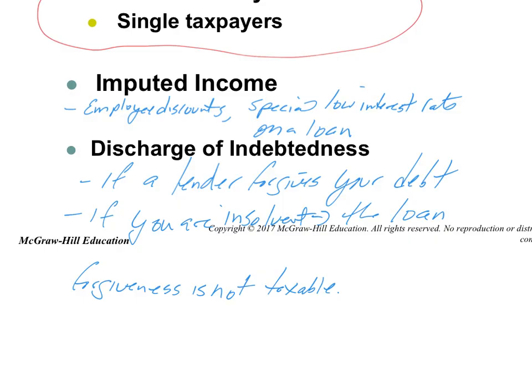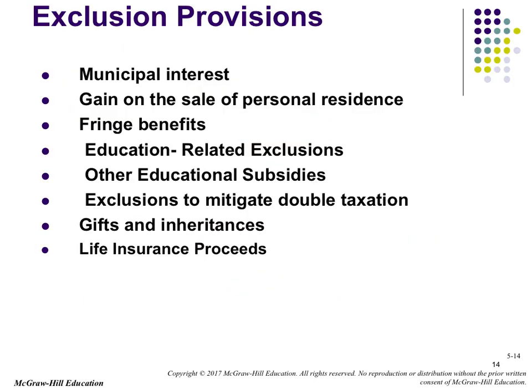So say you have $10,000 of student loans and those are forgiven. Well, now you have $10,000 of taxable income because that debt was forgiven. Okay, so when they talk about forgiving student loans, one of the things they're also discussing in Congress is what to do about the income effects of that discharge of indebtedness. Okay, so something to pay attention to.